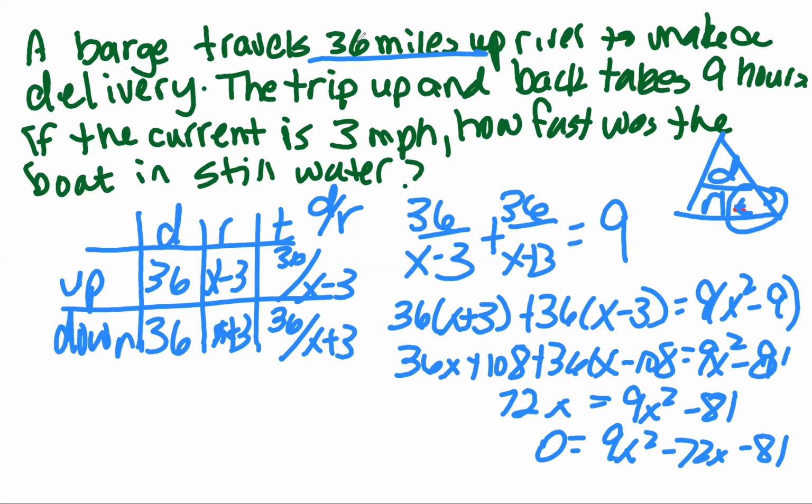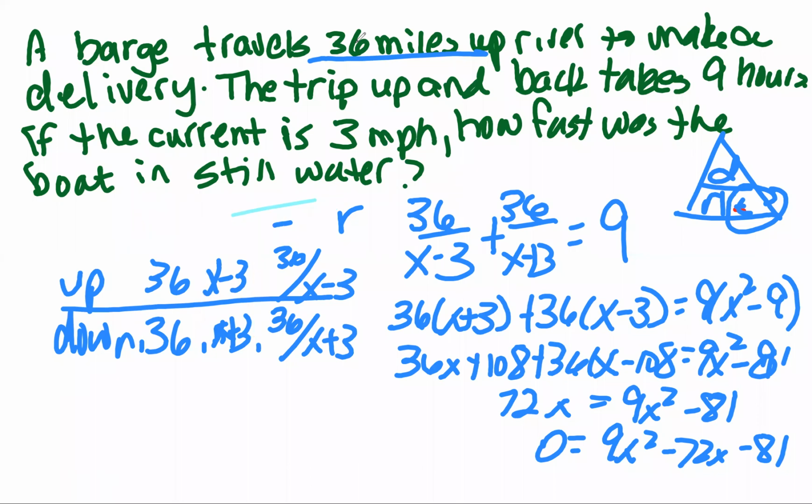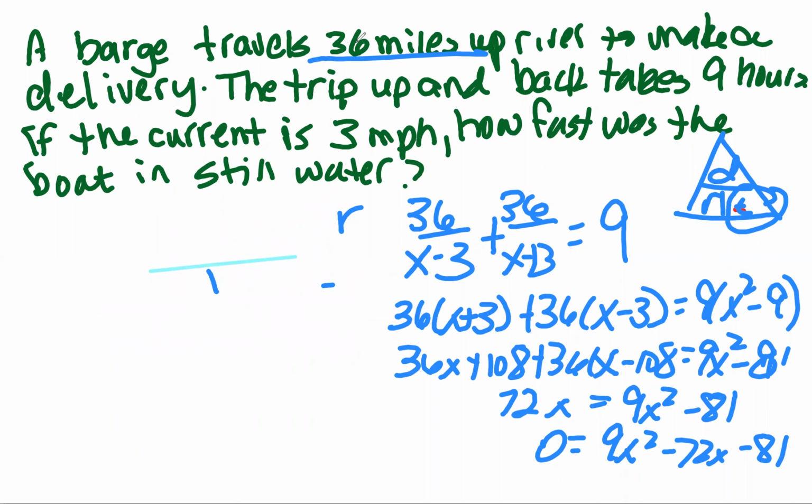All right, once I do that, now I can factor it out. So when you factor this, I can take out a 9. So 9 times x squared minus 8x minus 9 equals 0.